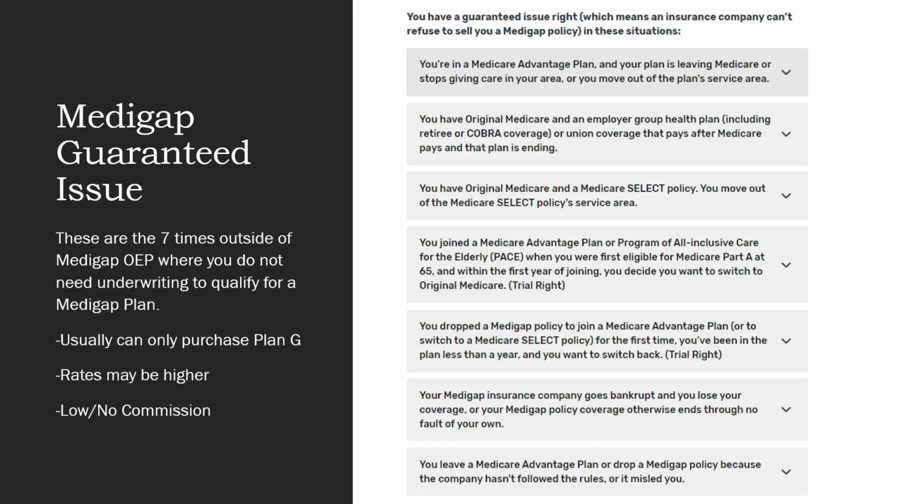The primary reason is these people who have guarantee issue rights are typically folks who have very expensive medical conditions, and therefore Medicare makes them buy the most expensive plan available. The Medicare insurance companies know this, and they charge the most expensive rates for these types of plans.